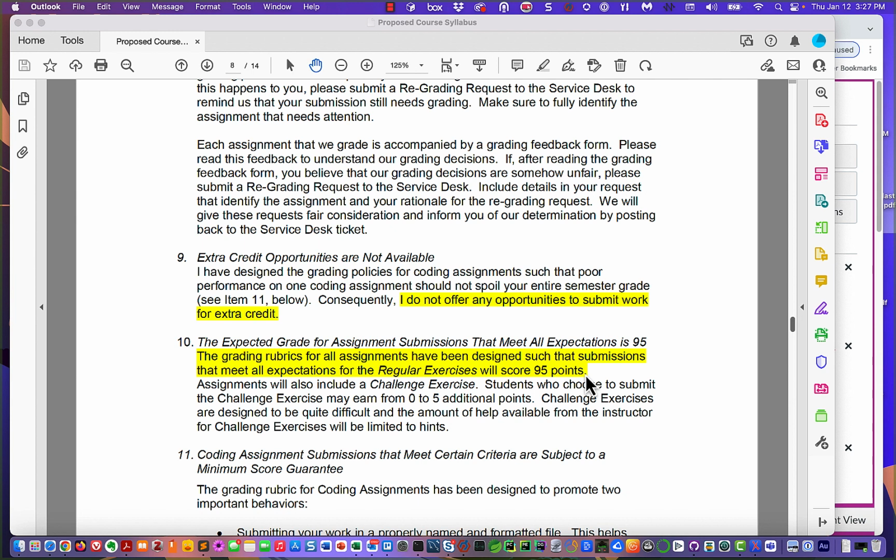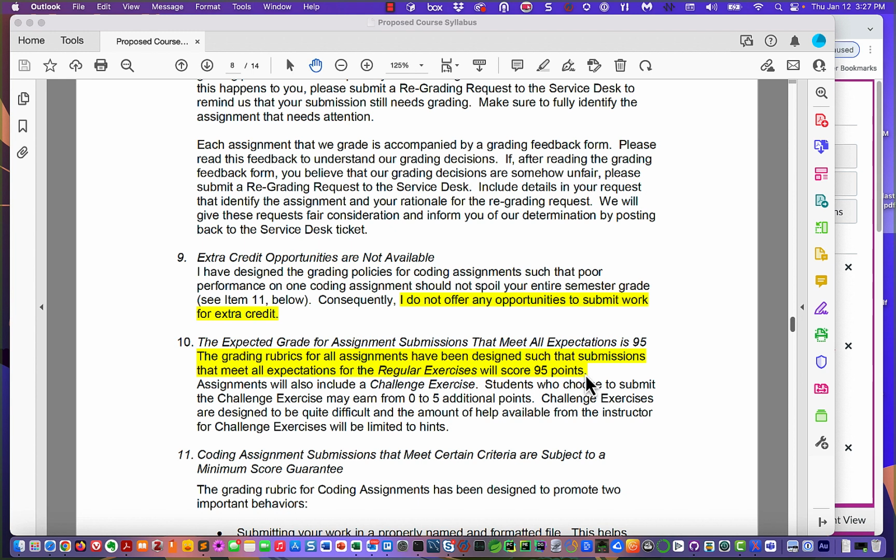The normal grade for meeting all the expectations on the regular parts of assignments is 95, okay? 95 is a good solid A. On these assignments, we have regular exercises. If you meet all the expectations on regular exercises, you get a 95. We always have a challenge exercise.